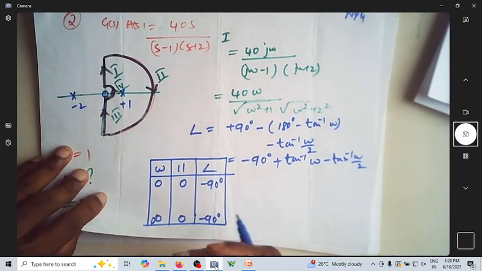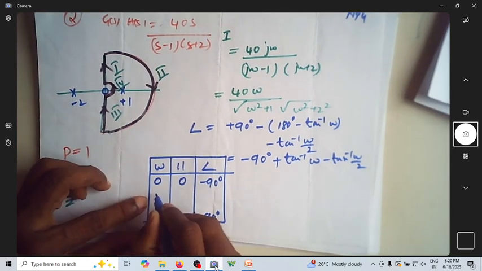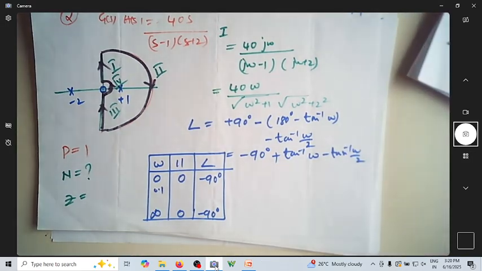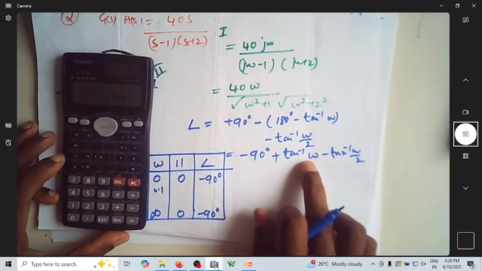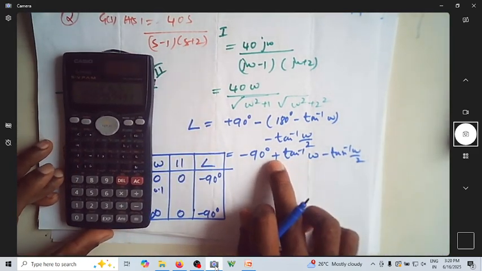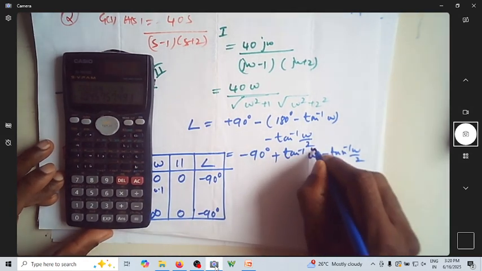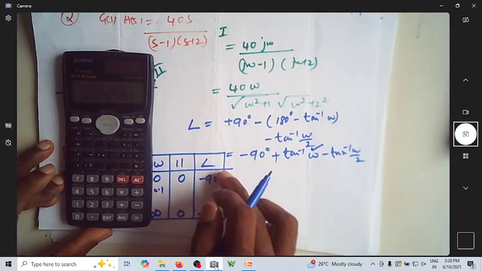But it is interesting. Let us see how the plot goes. What you can do is give it as 0.1 and see what happens to the phase. This is plus tan inverse of ω, and this is minus; since plus dominates, it will be minus 80 something.